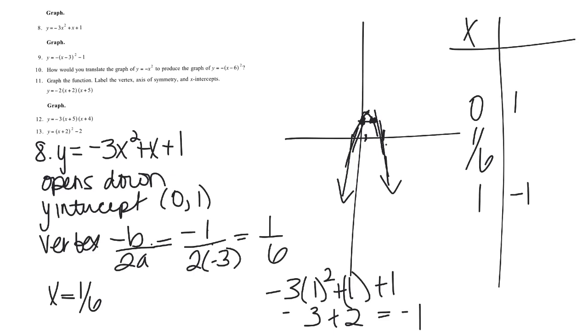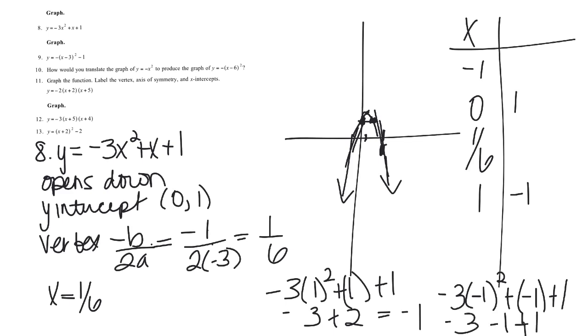So 1 down here is at -1. And then I could plug in -1: -3 times (-1) squared plus -1 plus 1. That's -3 minus 1 plus 1, which is -3. So over here, it would be this point there.